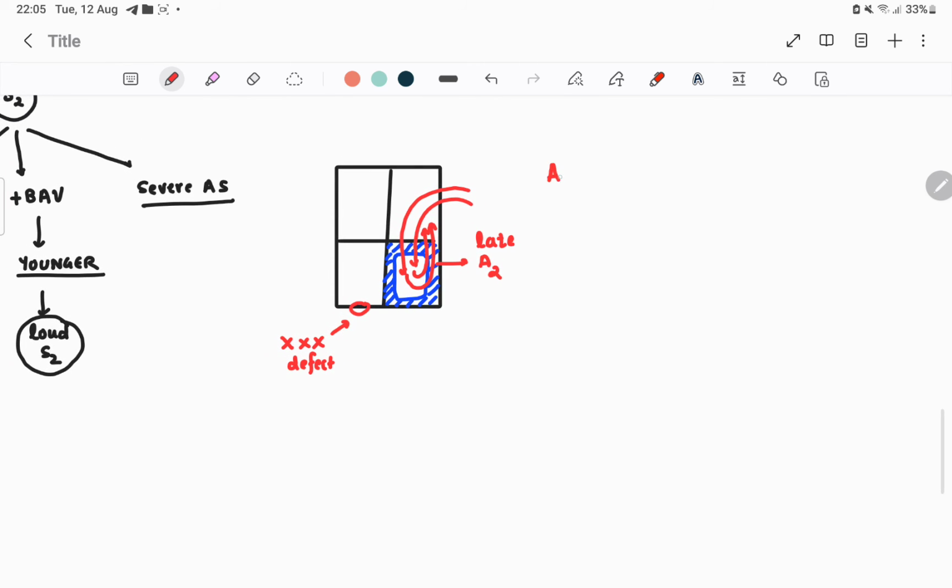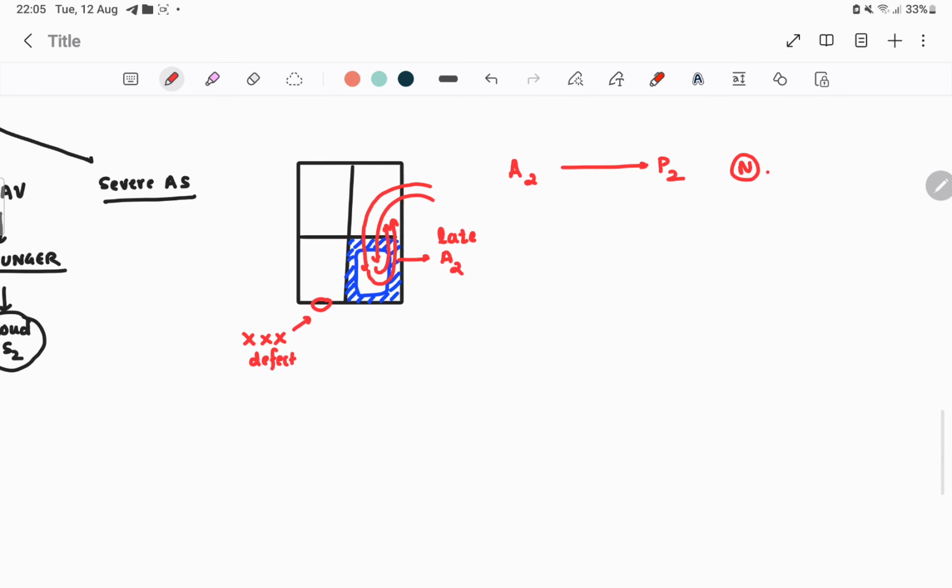Normally, the pulmonary valve closes after the aortic valve. This is the normal condition. But here, as the aortic valve closure is taking very late due to very severe AS, the pulmonary valve is closing before the aortic valve. That is, P2 is occurring before A2.